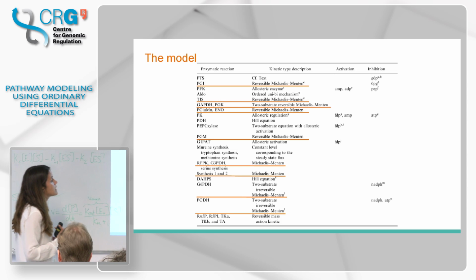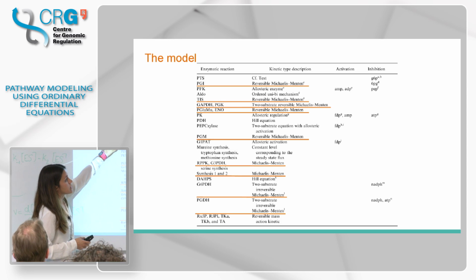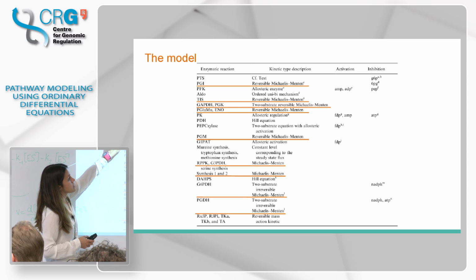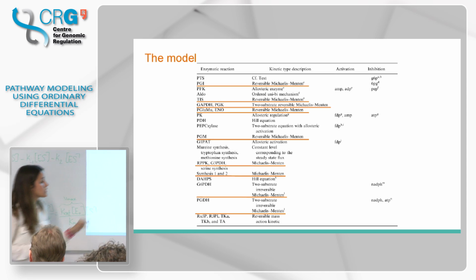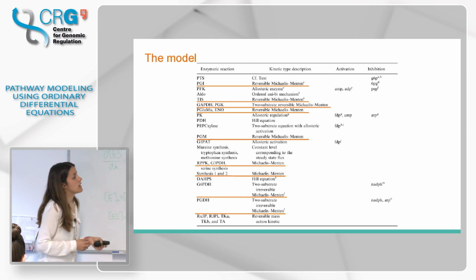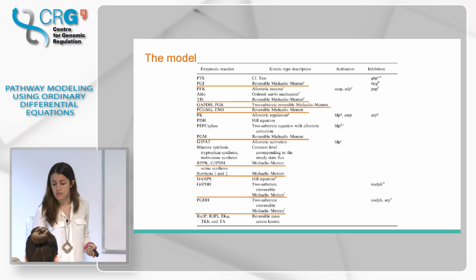In this system, as you can see, many of the reactions are Michaelis-Menten, some of them with one substrate, with two, most of them reversible, some of them irreversible. But as I said, in biology, this is the most usual thing to encounter.